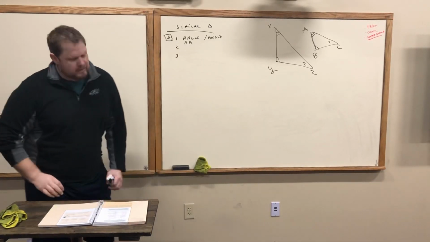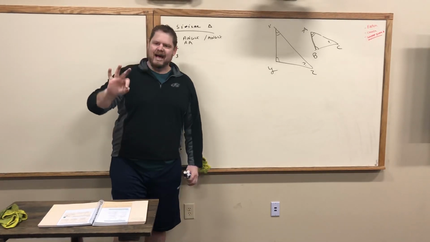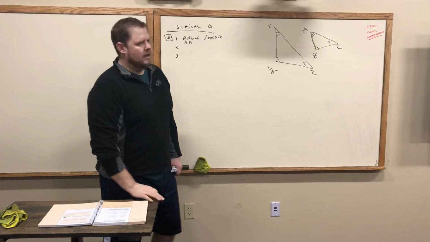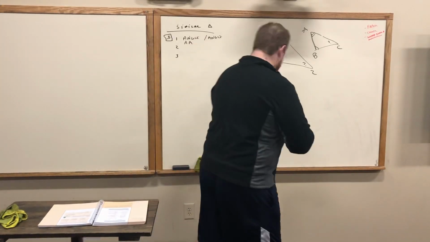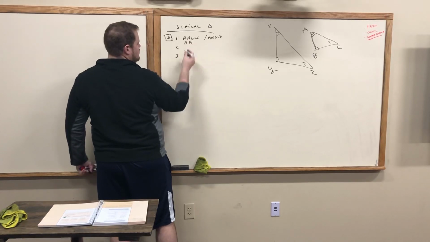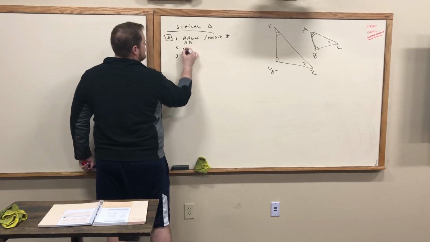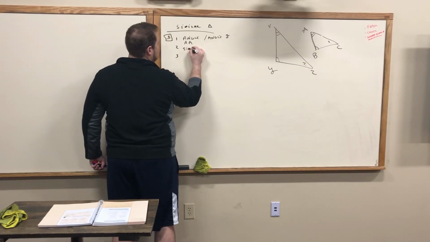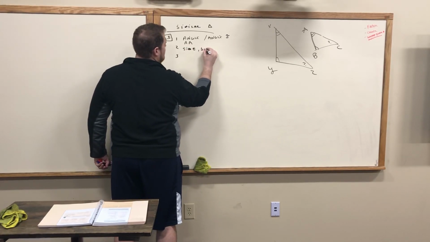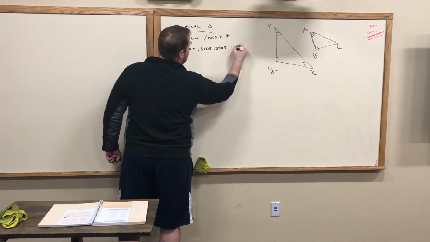The second one is this: if all three sides are similar. In other words, all three sides are similar. So when we talk about these three ways to prove triangles are similar, the angles have to be what? Congruent, but the sides have to be what? Similar.